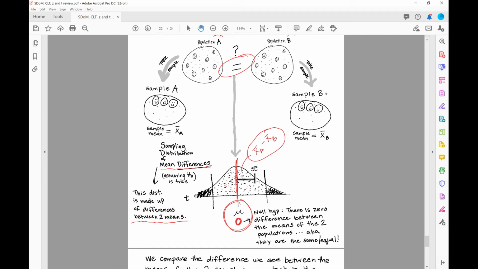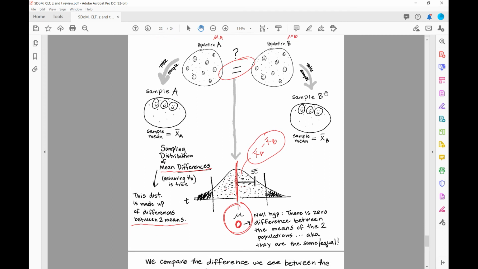In other words, they are the same or equal. So our null hypothesis in this case is that the mean for population A is equal to the mean of population B. And so in other words, if we were to subtract one of these from the other, it's just going to be 0. There's zero difference between them.